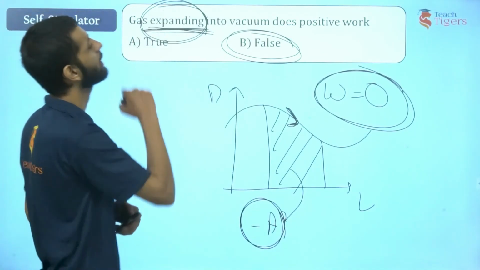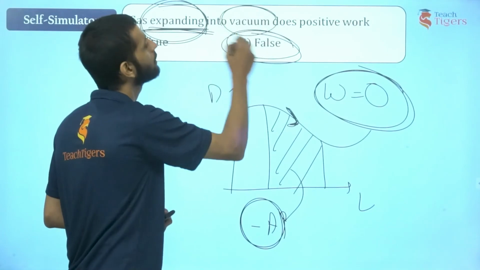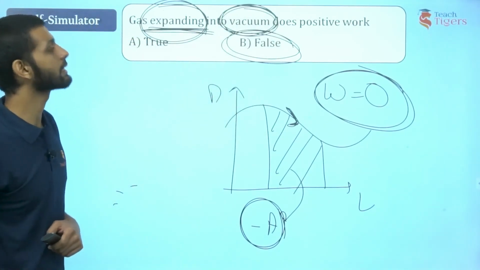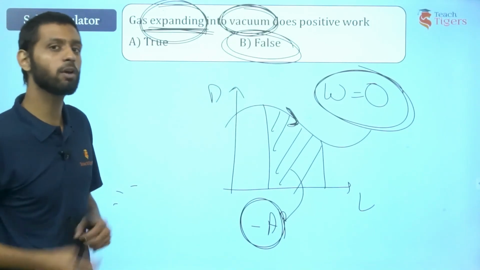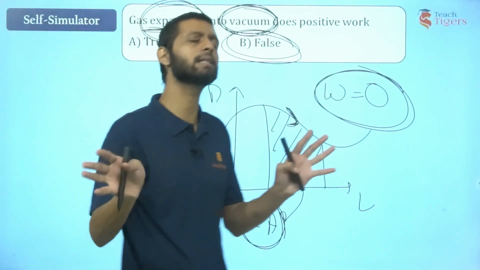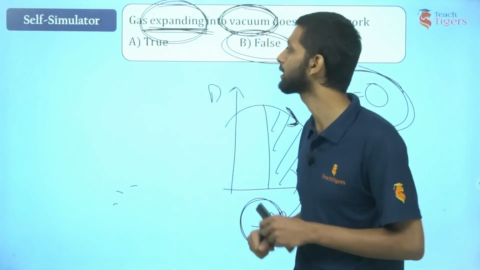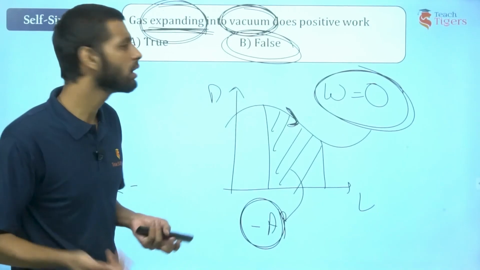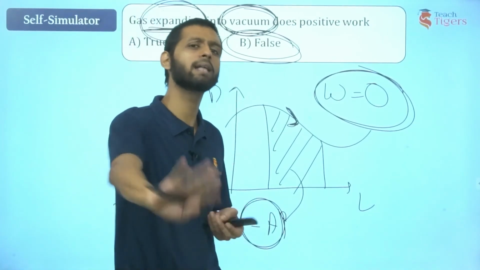Because you are expanding, but you're expanding in vacuum. And as a result, you're not doing work against anything. If you're not working against anything, you can't do work. You can't do work by going against nobody.